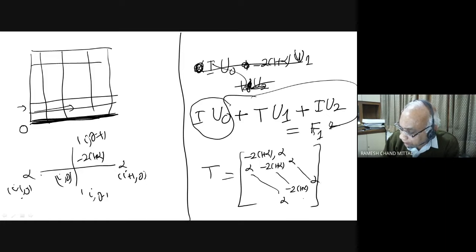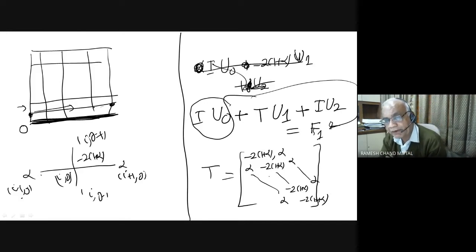Does anybody have any issue about matrix T? Because my line contains alpha, minus 2 1 plus alpha only. For the first point I get this boundary point, which goes to the right hand side, and similarly for the last point, this is the boundary point, so that goes to the right hand side. Otherwise my matrix will be something like T for the first line. Are you getting my point, or do you need some more explanation?